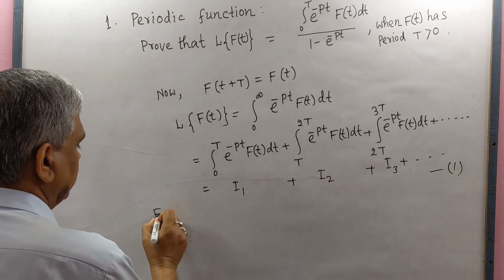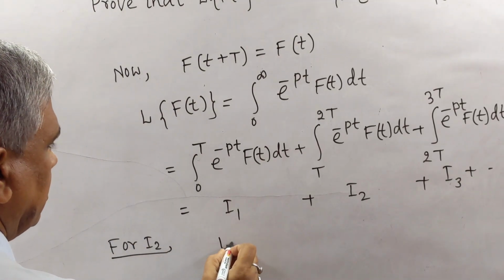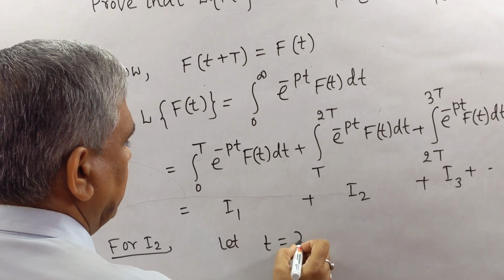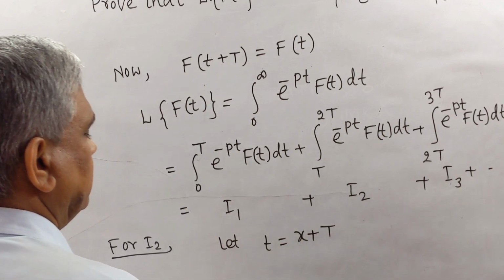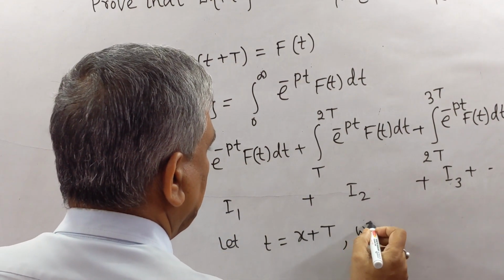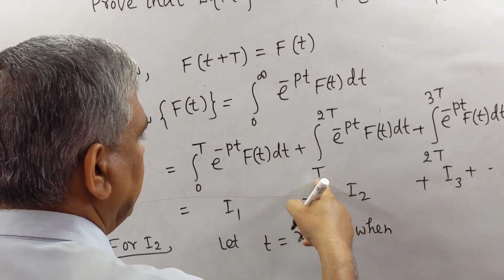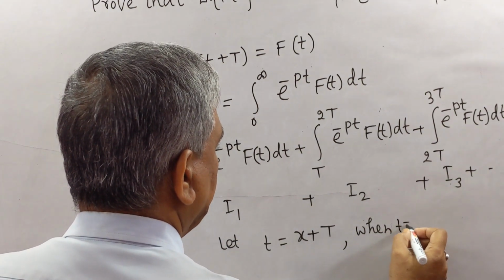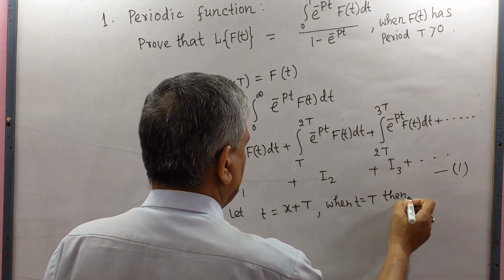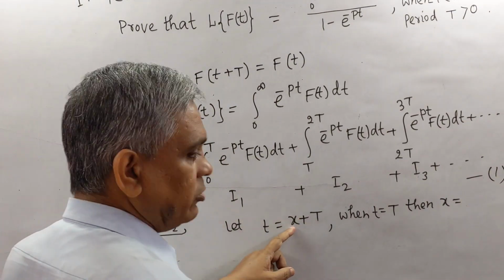Here, for I2 we calculate. Let t equal to x plus T. When the lower limit is T, the value of small t is capital T. When t equals capital T, then x equals 0, as capital T cancels.